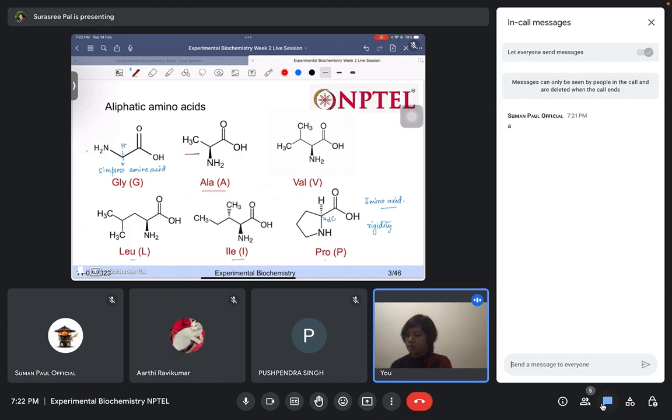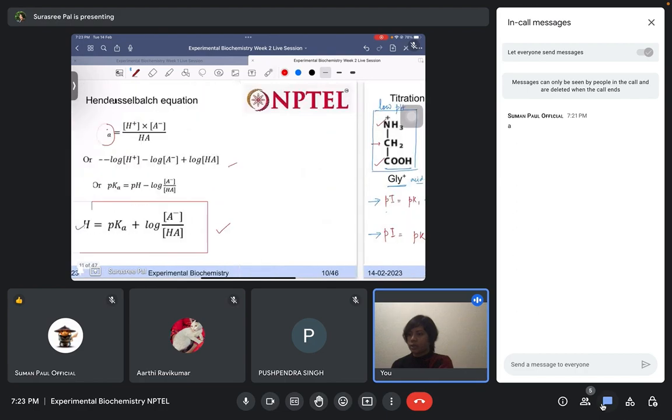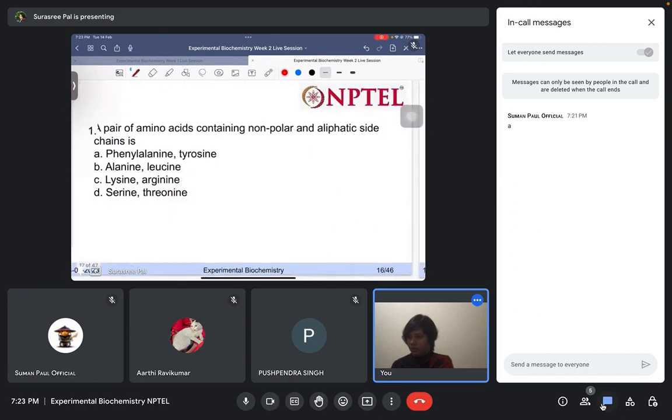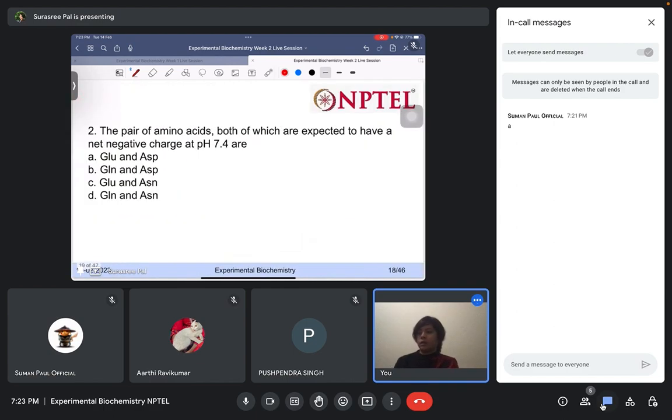And leucine is also the same. So these two are aliphatic and non-polar amino acids. There is no polarity in the side chain. Okay. Let's move on to the next question. The correct solution is B here. Okay. Next question.